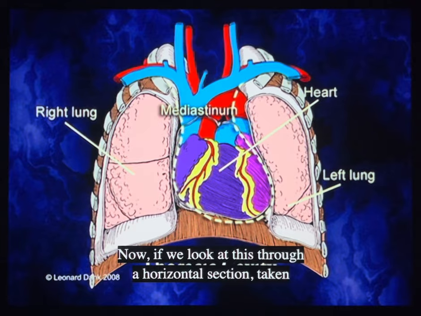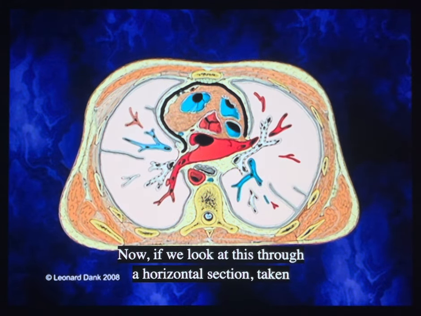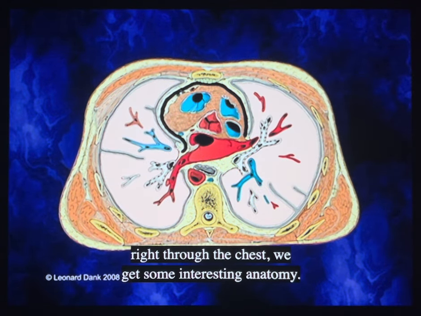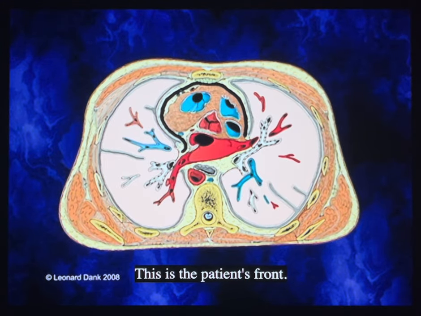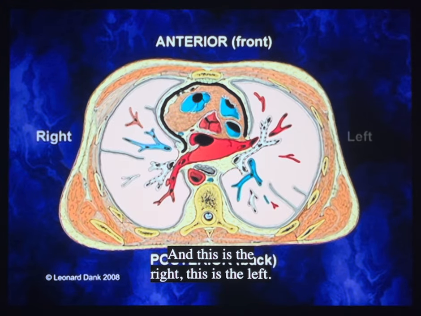Now, if we look at this through a horizontal section, taken right through the chest, we get some interesting anatomy. This is the patient's front, this is the patient's rear, and this is the right, this is the left.